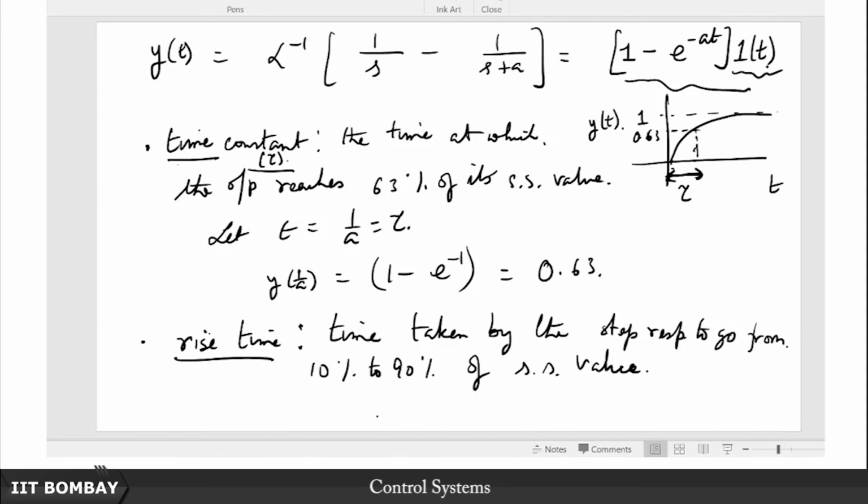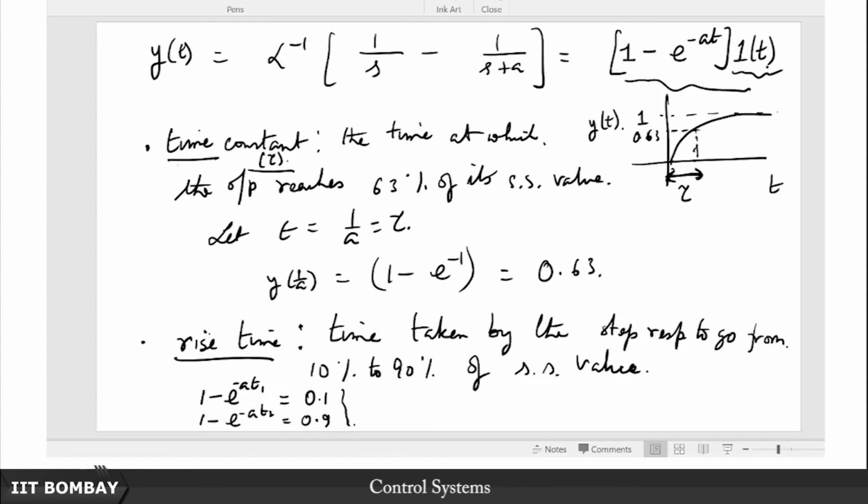So how do you do this? Simple, just take 1 minus e to the power minus a t1 is equal to 0.1. So this is the time at which you have attained 10% of the steady value, and take the second equation as 1 minus e to the minus a t2 is equal to 0.9.